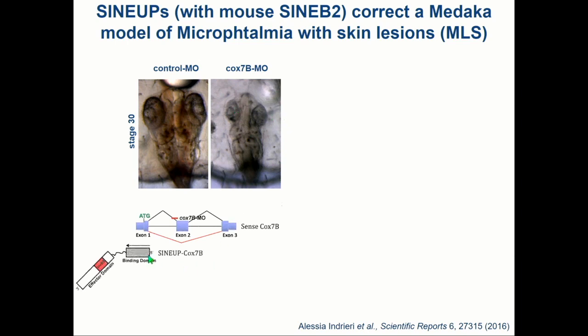A collaborator of mine designed a SINE-UP construct having this antisense region and our SINE B2 element. And we wanted to test if this RNA, overlapping the starting site and containing a mouse SINE element, would rescue, that is, increase the translation of a proper protein from this remaining 30% of RNA.